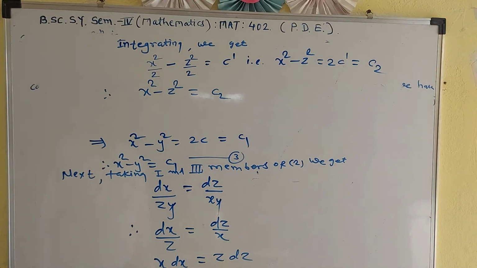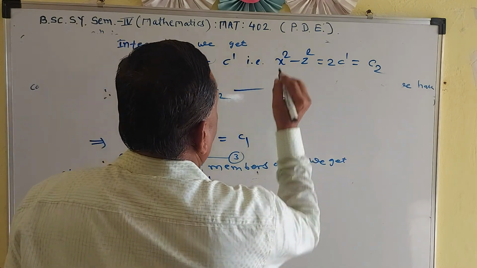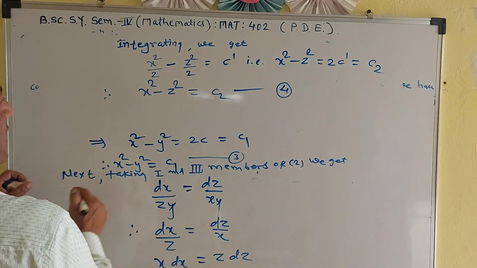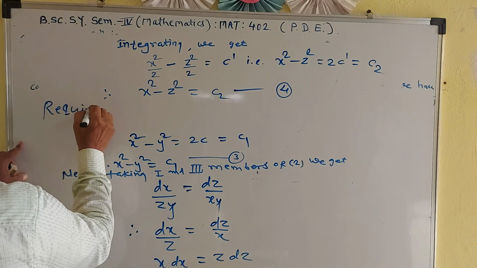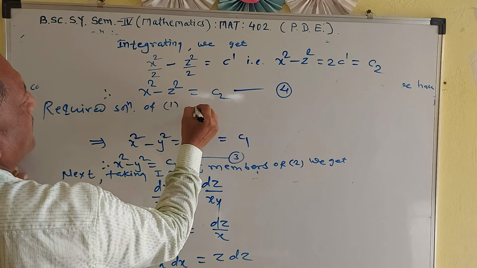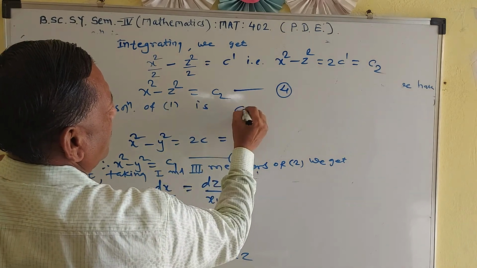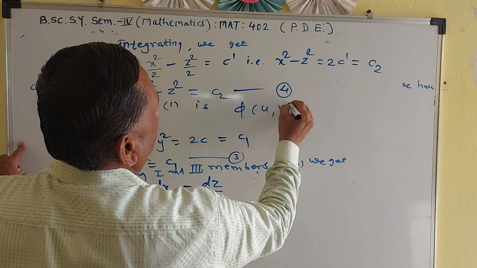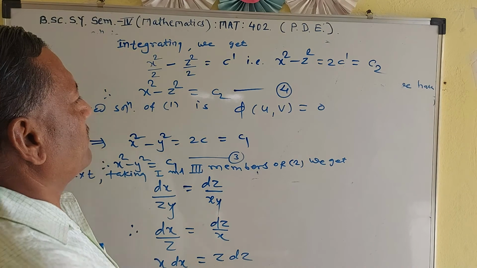Suppose this is 4. Then the required solution of 1 is, what is this general form? Phi of u, v is equal to 0. Here v is x square minus z square.